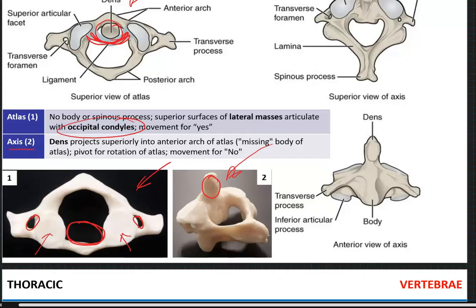Now let's think about what happens if you put a cranium onto these lateral masses. You will be able to move the cranium like this, forward and then back. So the atlanto-occipital joint provides the movement for saying yes.